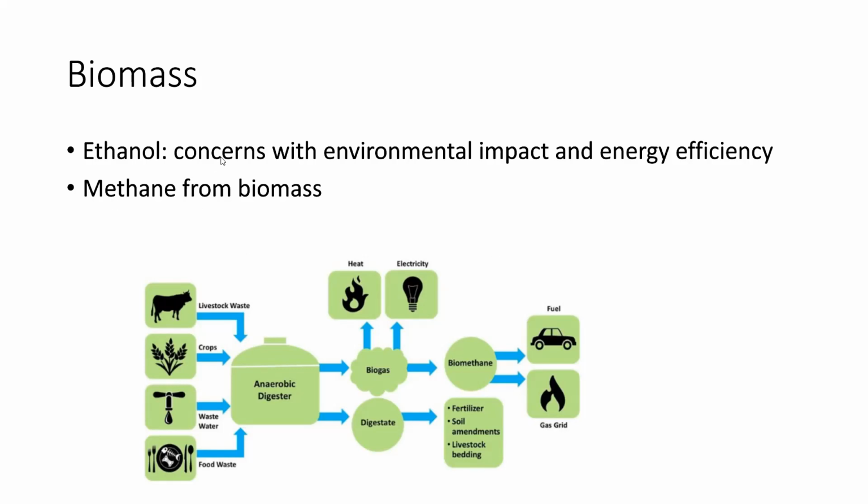But also with the production of ethanol, if we're using it for this sort of biofuel, now we're using that land for the ethanol production. We're no longer using it to produce food or other resources. So that's the environmental impact of it. With this production, we're losing out on something else, and the energy efficiency of it isn't great to begin with.